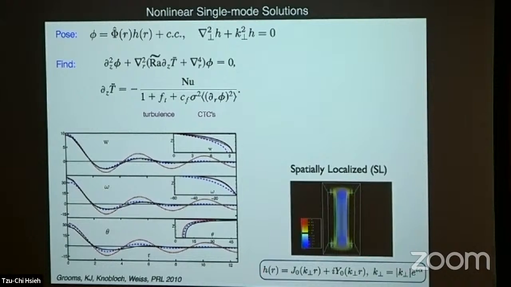So we model them by extending that. We model them with a Hankel function here, where K perp becomes complex. Using that, we can get the envelope to decay. The single mode equations look much like the tessellated case, where we can model a convective Taylor column with this vertical decay because of the complex wave number.